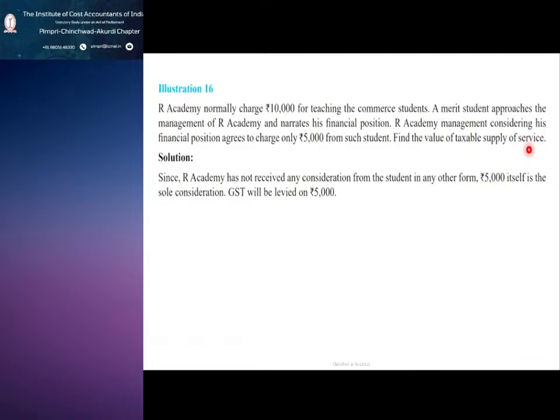You should understand the two things: there a non-monetary consideration is there, but here it is not. Because of the financial problem, the academy is collecting only 5,000 instead of 10,000. So in this scenario, price is the sole consideration for the value of supply, and the transaction value should be 5,000.